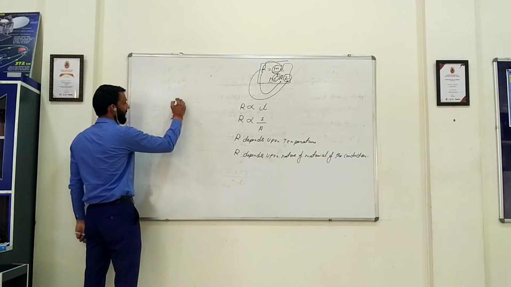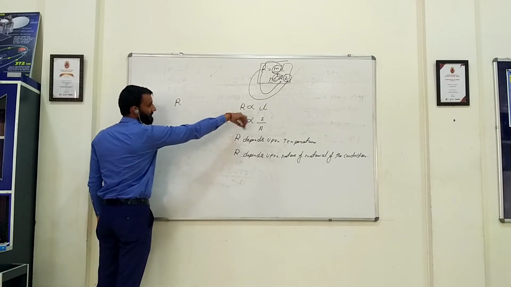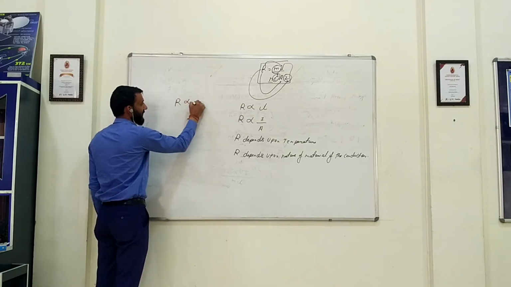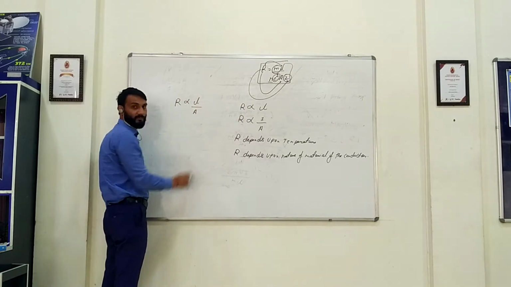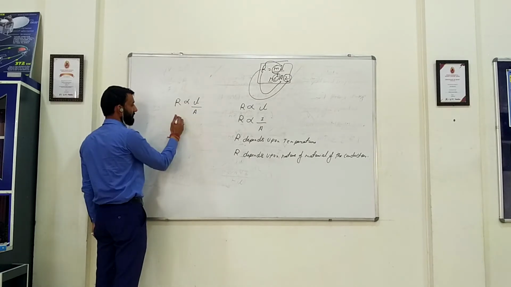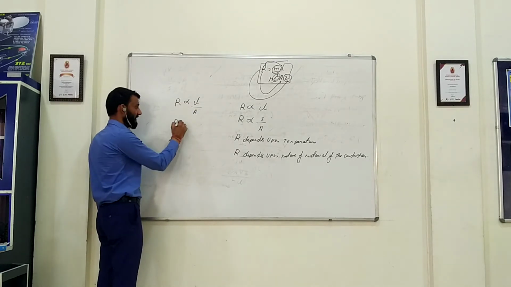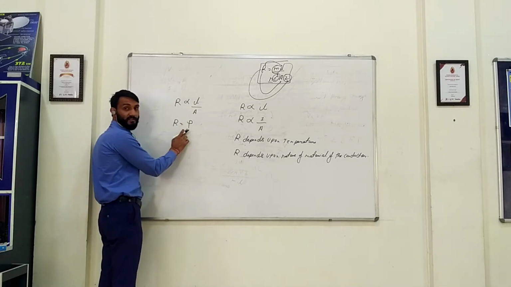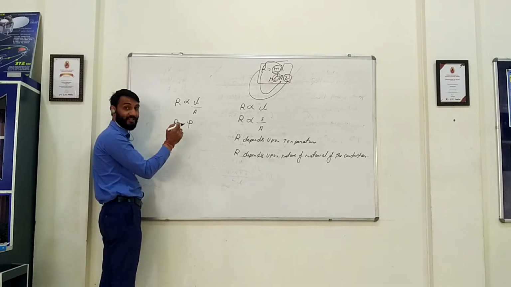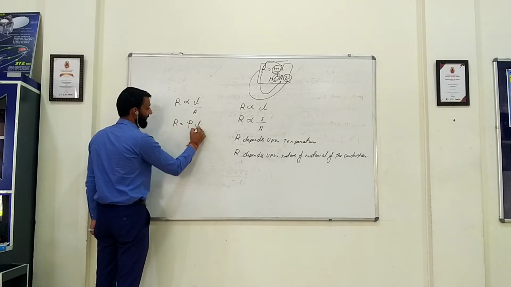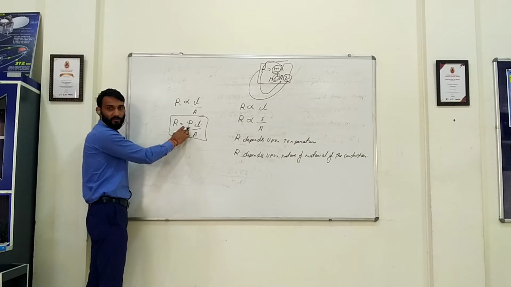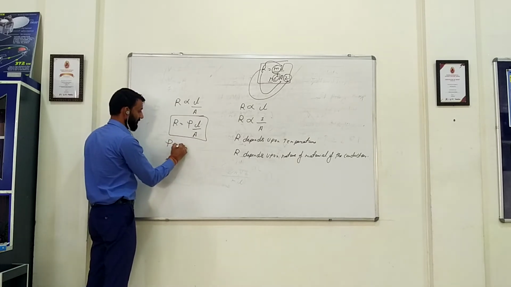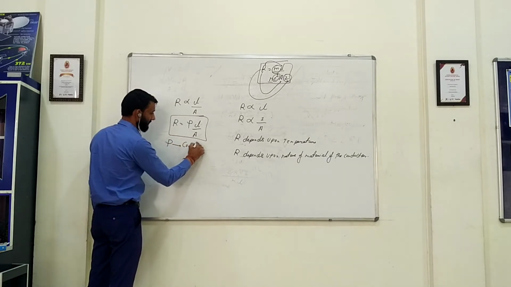If I combine these two, combine means I write them together: R is directly proportional to L, inversely proportional to A. Again, if we remove this proportionality, equality will come along with a constant. This time this constant is rho, and then L by A. So this is another formula for R in terms of rho. Now what is rho? Rho first of all is a constant.